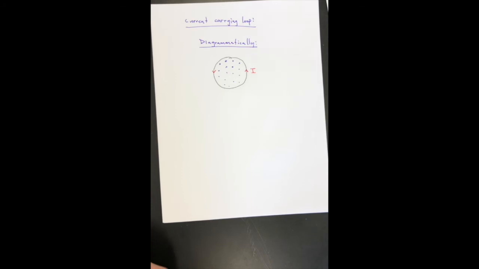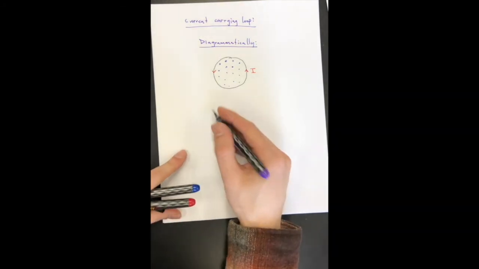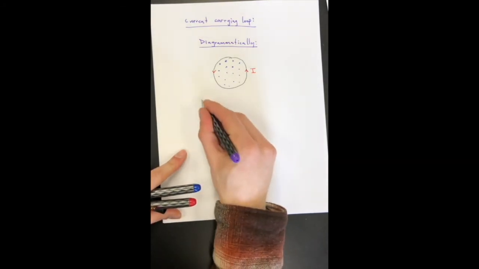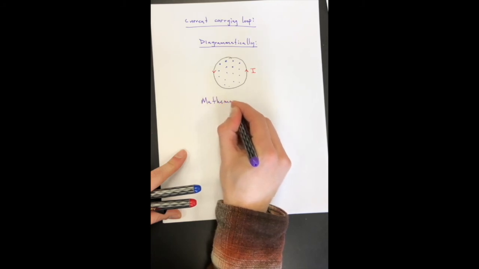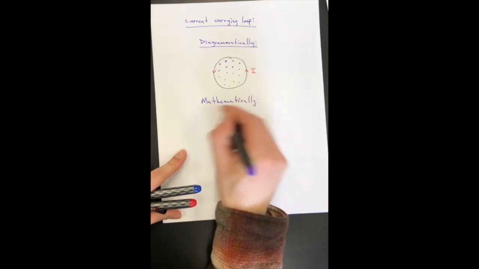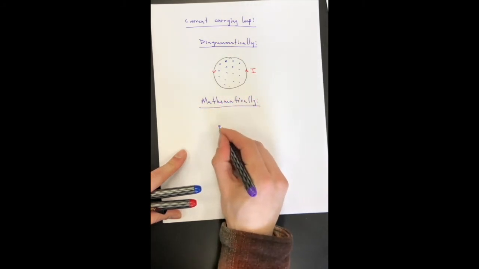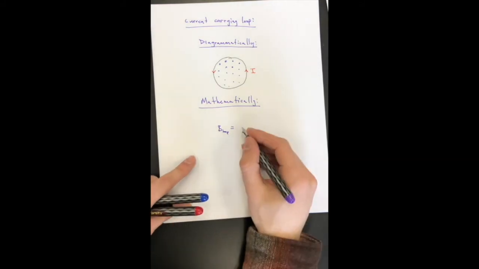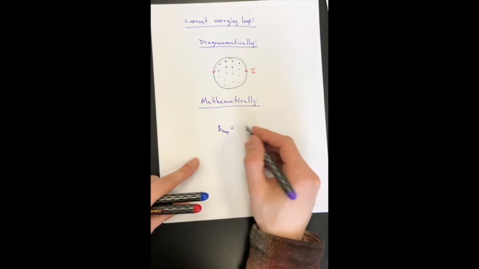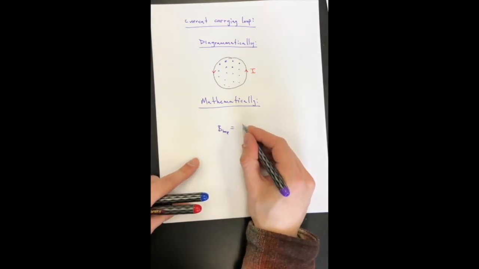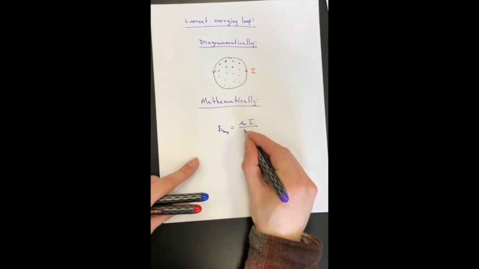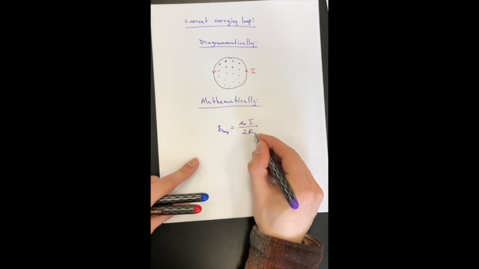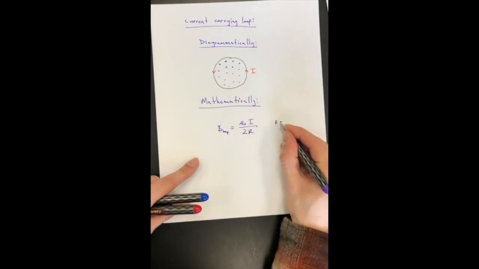Anyway, the mathematical equation for any circular loop of current is the following. The magnitude of the B field for the loop is given by, and it's basically the same as the current carrying wire, except it's missing a factor of pi. So we get mu sub O I over 2r, where r is the radius of the loop.